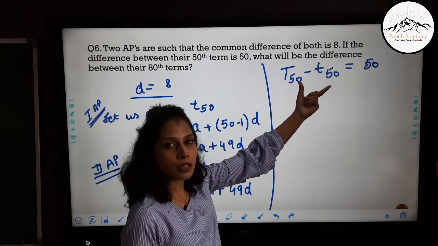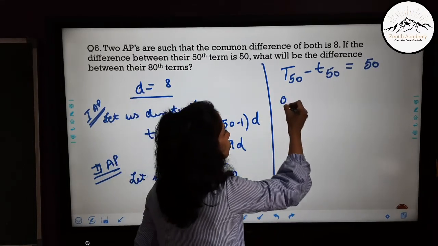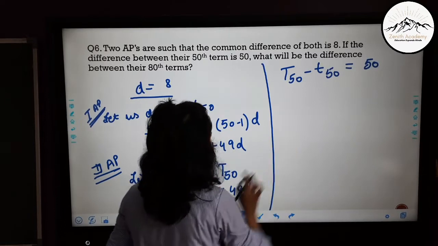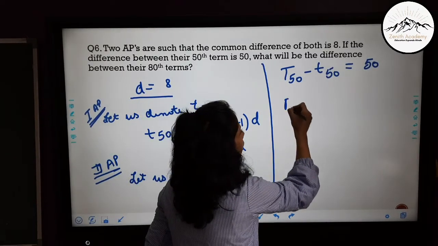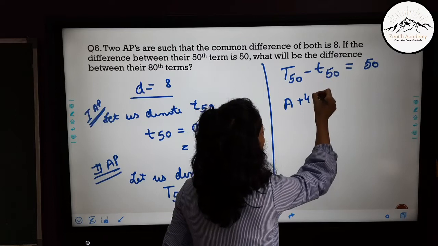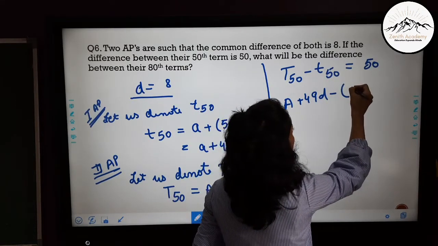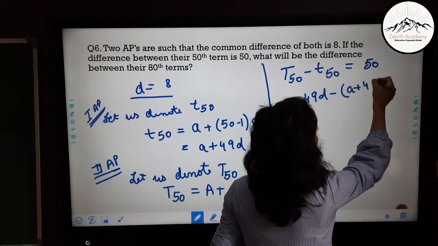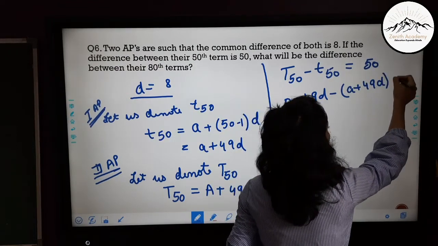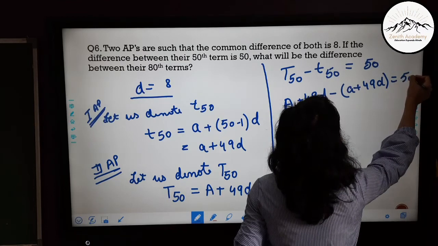We can write this in terms of A and D. So this is A plus 49D minus a plus 49D is equal to 50.